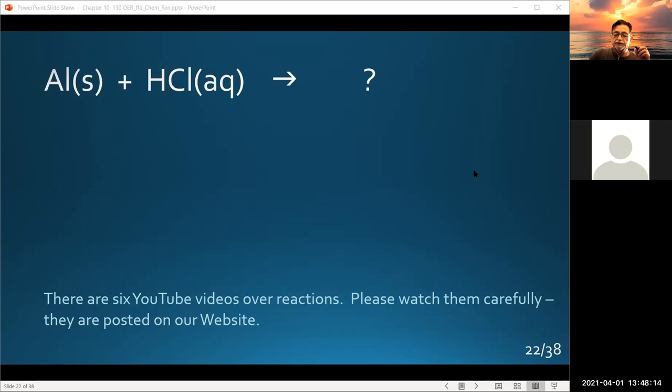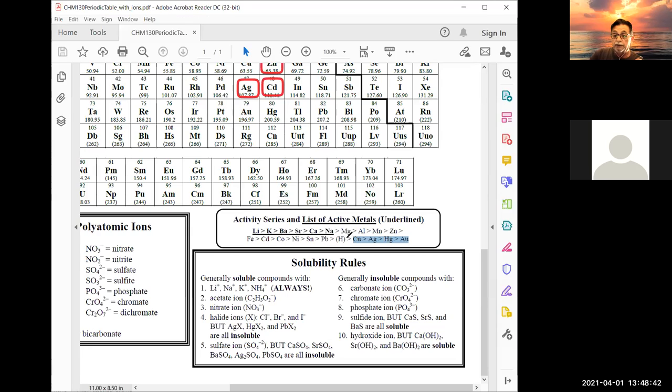All right. How about this one? Now, a little bit more challenging, okay? Just a little bit. But that's okay. So what you're doing here, in the past, remember our activity series relative to hydrogen.